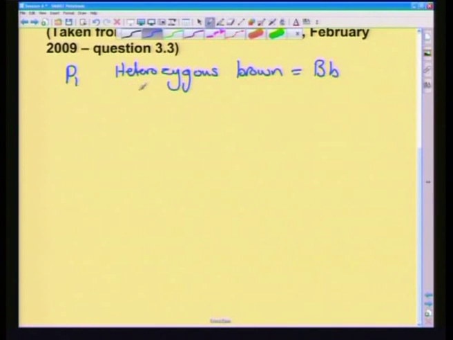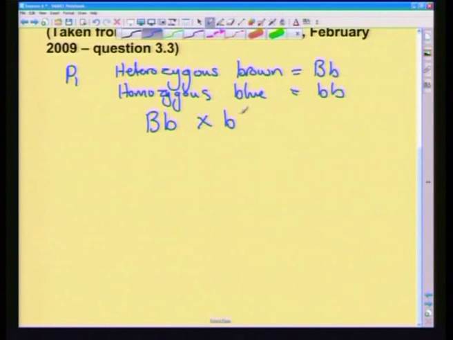And we have homozygous blue, so that's going to be small b, small b. Now we know what the mom and the dad are, so we're going to have capital B, small b, heterozygous, times homozygous, which is 2 small b's, your homozygous recessive.